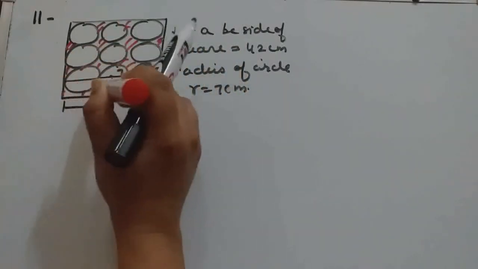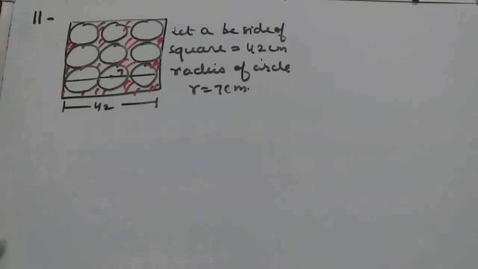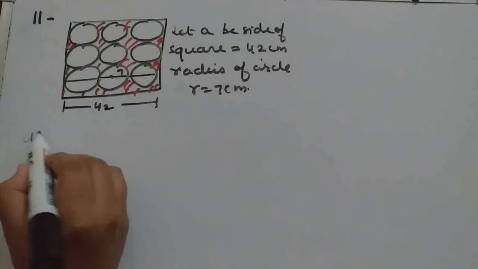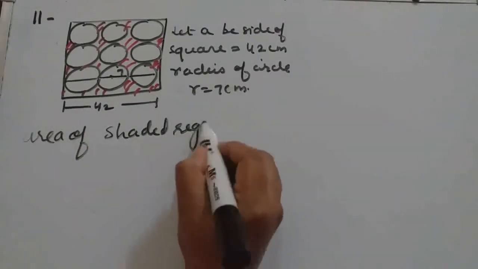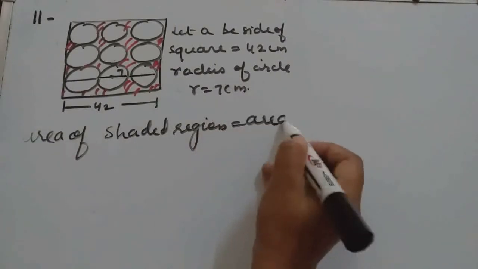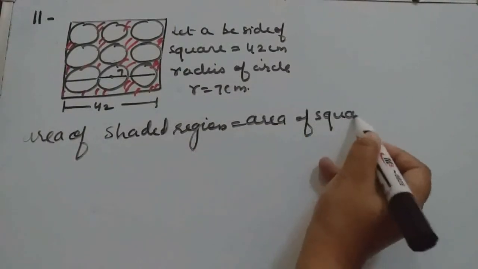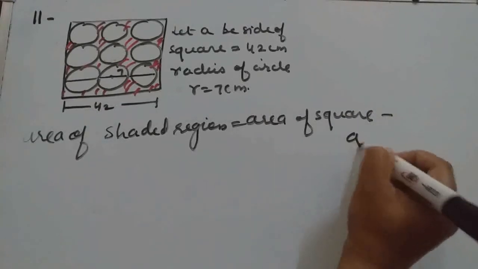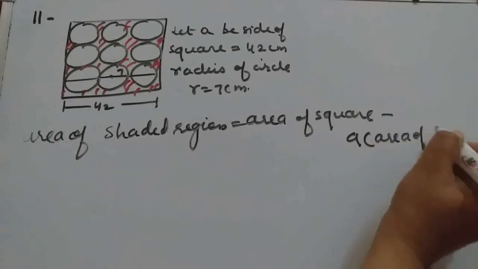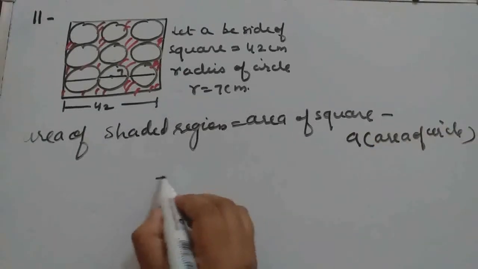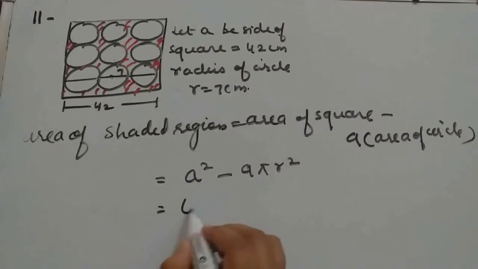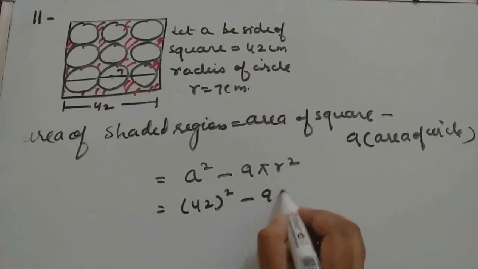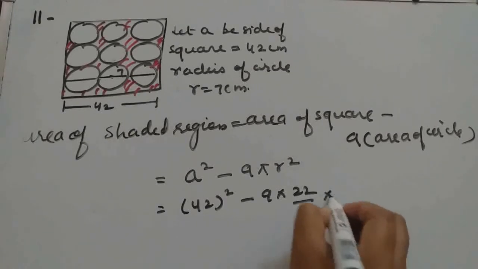So from the area of the square we will subtract 9 times the area of a circle. So the area of the shaded region is the area of the square minus 9 times the area of a circle. So A square minus 9 pi r square. A square means 42 square, 9, 22 by 7, 7 into 7.